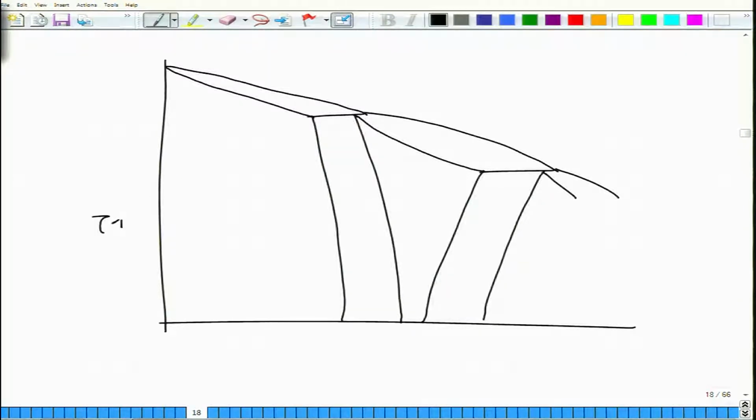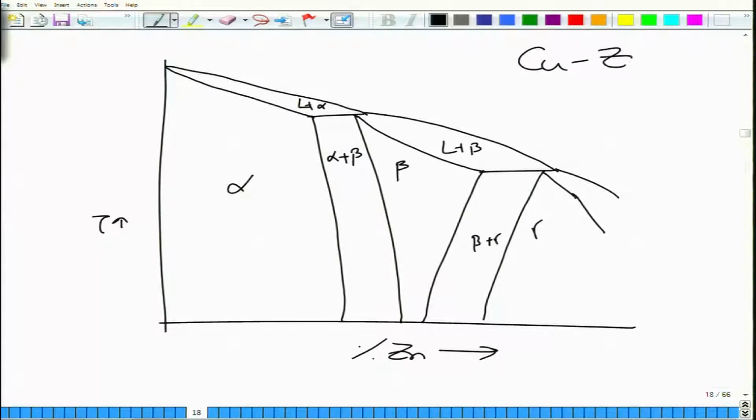So this is temperature, this is Cu, this is percentage zinc. So you have alpha, liquid plus alpha, you have alpha plus beta, you have the beta phase, then you have liquid plus beta, then you have beta plus gamma, then you have the gamma region, and it just keeps moving forward. So you have a lot of these peritectic reactions one after another. So this is the CuZn system. So this is how you can have multiple reactions in phase diagrams.